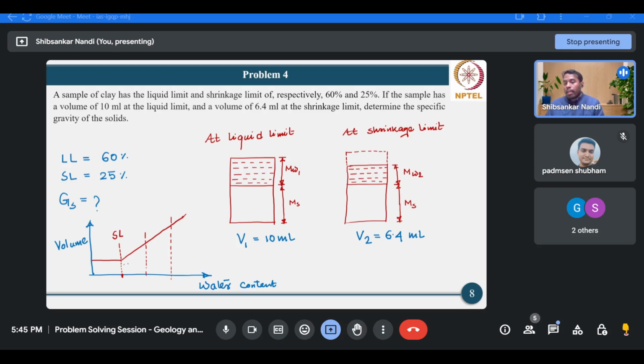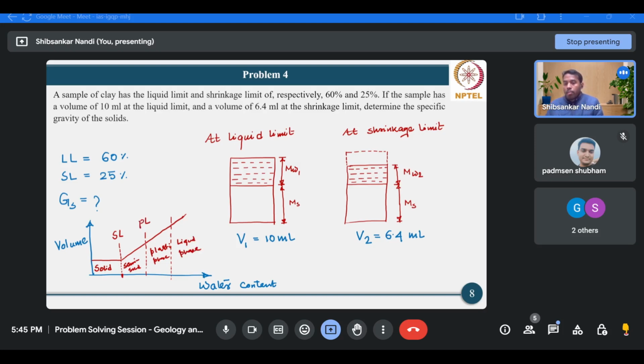Okay, so again these zones are named as: this is the solid phase, this is the semi-solid phase, this is the plastic phase, and this is the liquid phase. So these limits are boundaries between two phases. Shrinkage limit is the boundary between solid and semi-solid phases.